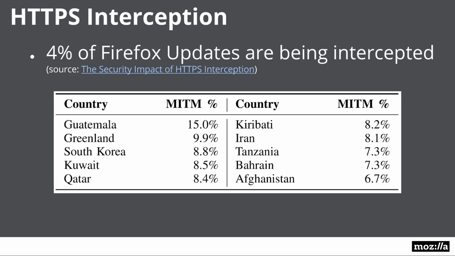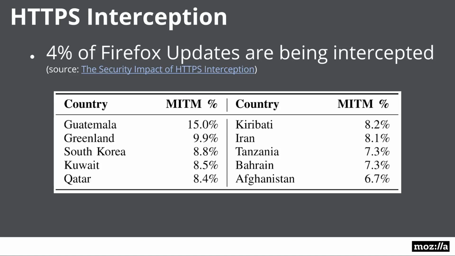When Firefox clients on your laptops make a connection to our update service, we measured that 4% of these connections were potentially being intercepted and so potentially modified. In some countries, that number goes up to 15%. So for us, this number is massive.